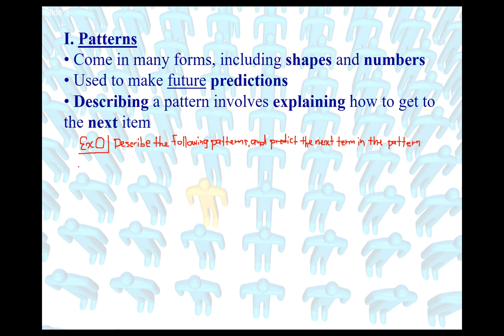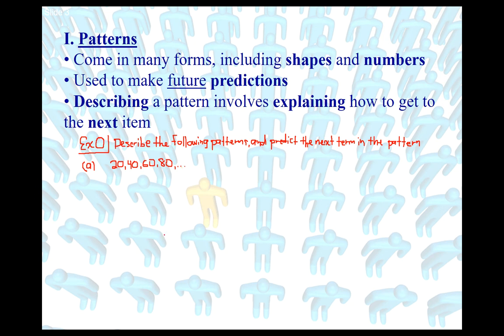Okay, so let's do A. Let's say I have 20, 40, 60, 80, and we'll say ... to indicate the pattern keeps going on, but we're not sure what the next term actually is.